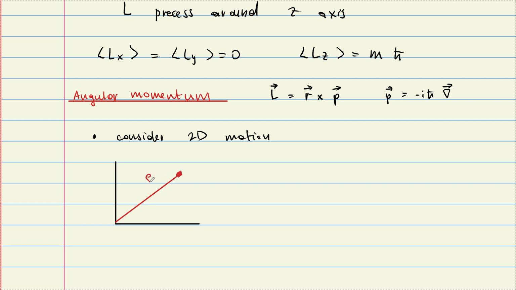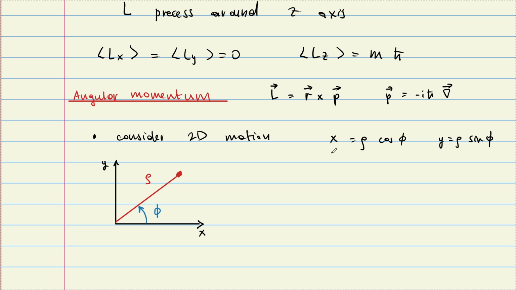Let me call this rho, and let me call this one phi. This one is y, this one is x, and I think everybody knows x is equal to rho cosine phi, and y is equal to rho sine phi.